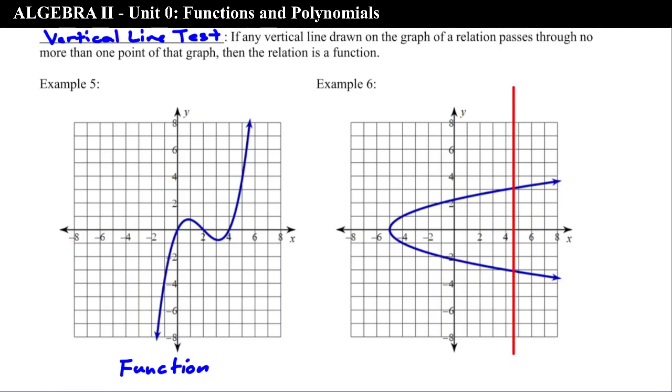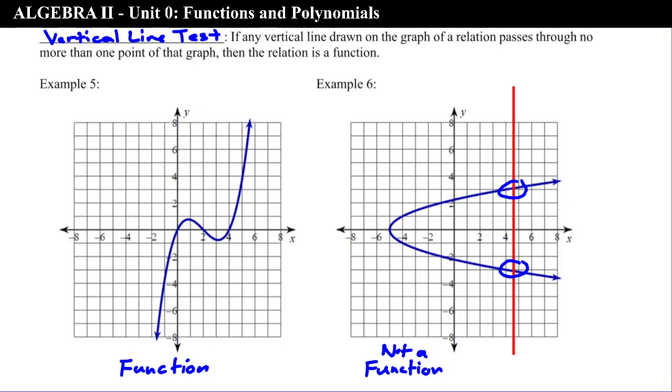You can see that we are crossing this line here and here. So since we have more than one crossing of the line of our equation, we can say it's not a function. And it's not a function because it does not pass the vertical line test.